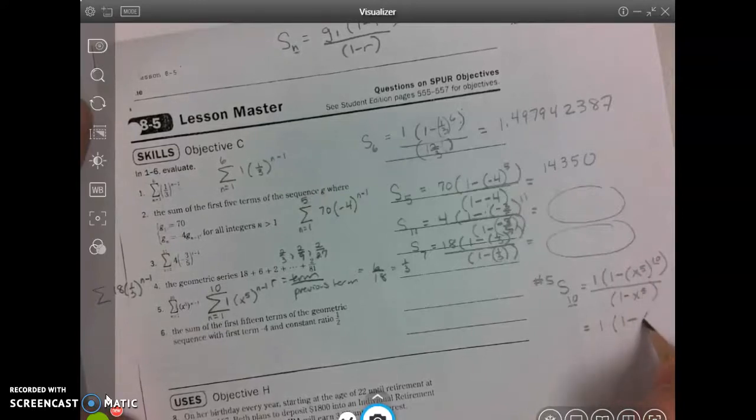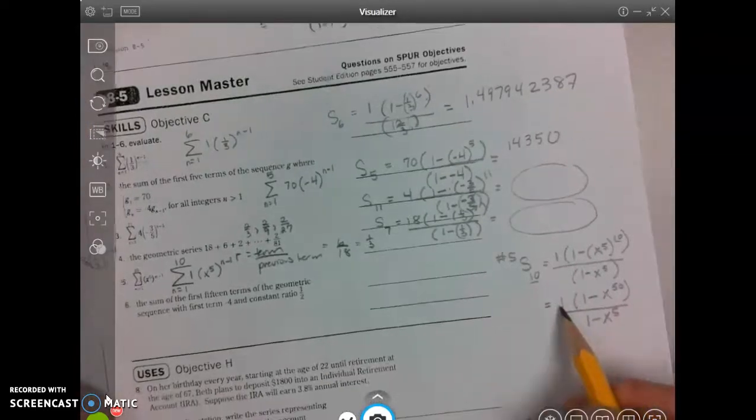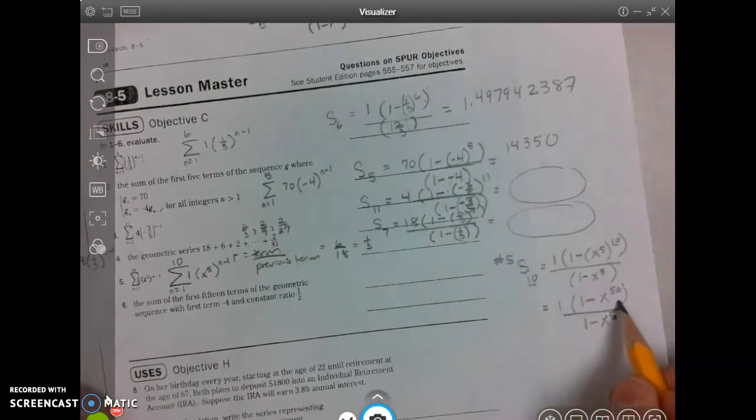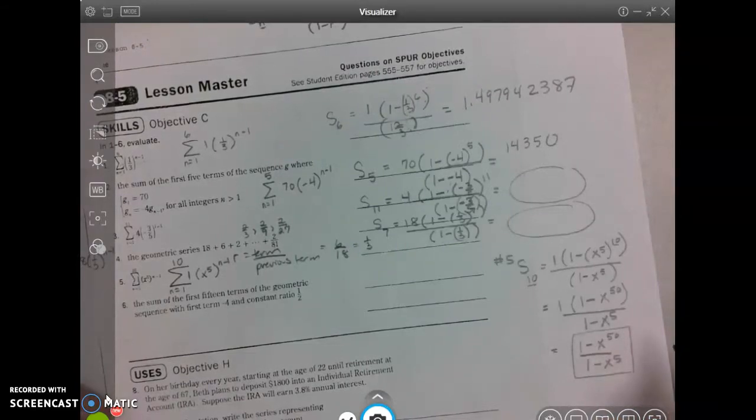We multiply, so that becomes x to the 50th, all divided by 1 minus x to the 5th. We know that 1 times anything is just what we started with, so we just get 1 minus x to the 50th divided by 1 minus x to the 5th. And that's as far as I can go since I don't know what x is.